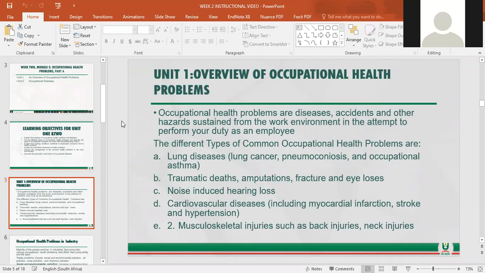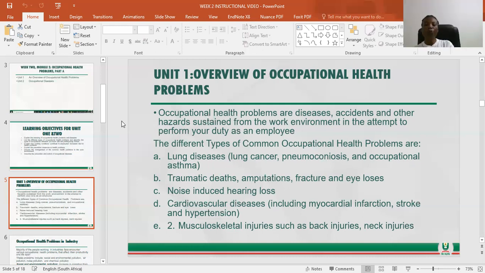Or we talk of lung diseases like asthma, then traumatic death, and say, getting HIV from a patient as a result of treating the patient who has HIV. Okay. Thank you. Good try.